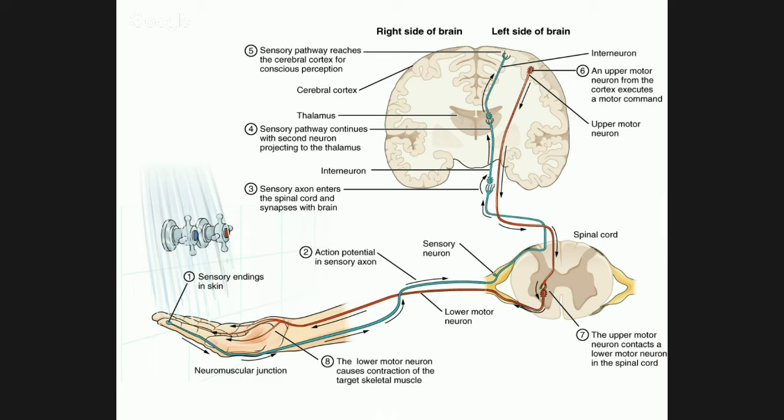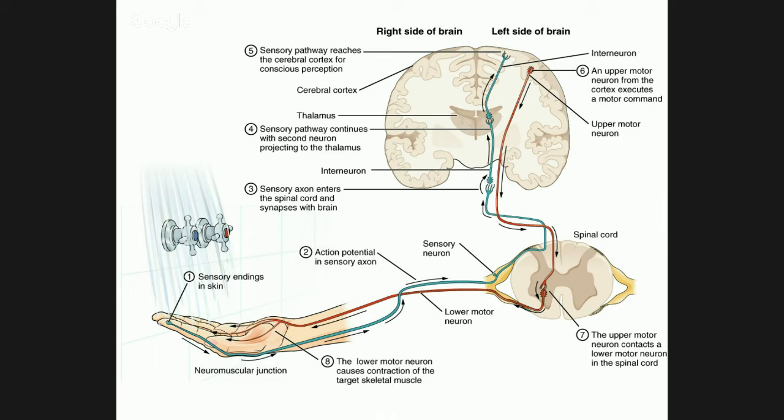But sometimes the brain's not involved. So if you are just touching a hot stove and withdrawing your hand, that's completely reflexive. And in that case, the sensory neuron bringing information in, instead of the axon going up to the brain, the axon will just go directly to the lower motor neuron and tell that to fire off so that you contract the muscle and pull your hand away from the heat source.